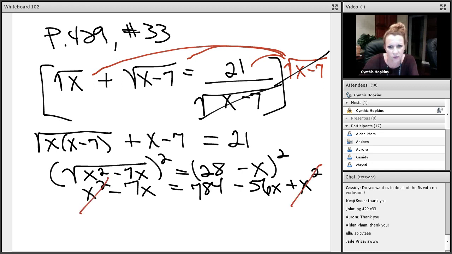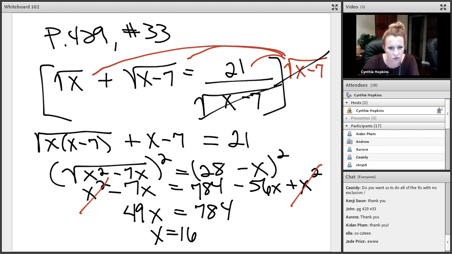I don't even have a quadratic equation. Okay, I'm going to add 56x to both sides so that I get a positive coefficient. And so I'm going to get 49x on this side. My 784 stays over here. And let's see what 784 divided by 49 is. A nice, neat 16. So I get an integer.